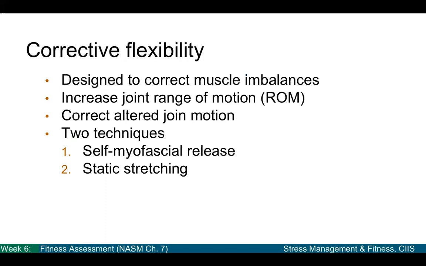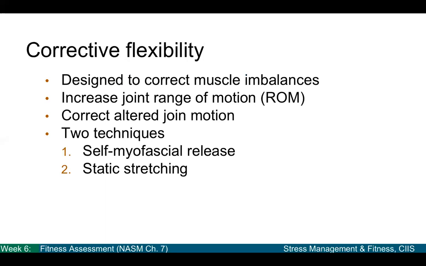So let's talk about these three different components separately, and then we'll get into more specifics, okay? The corrective flexibility component of the integrated flexibility continuum is designed to correct muscle imbalances. Okay, so this is done at the very beginning, the stabilization part of the OPT model, okay?